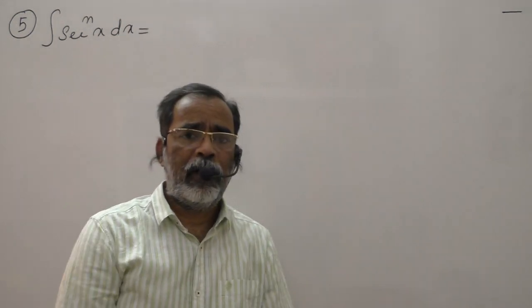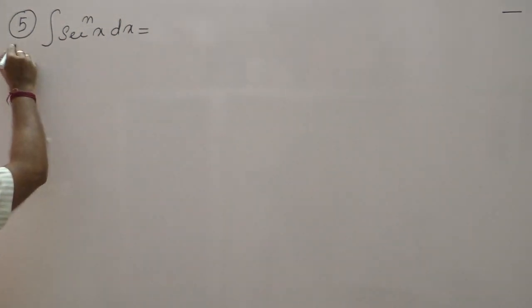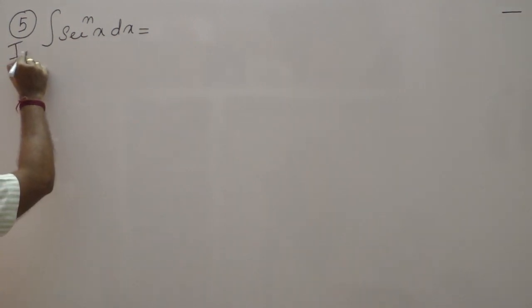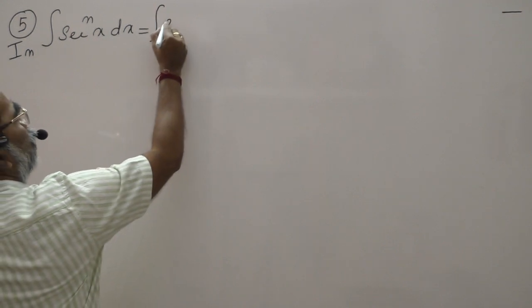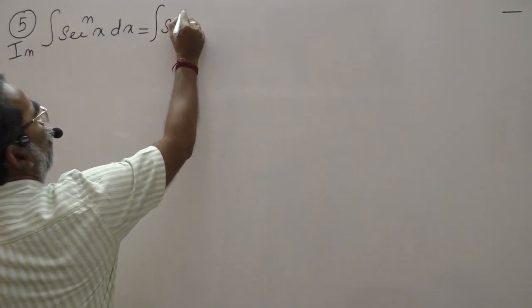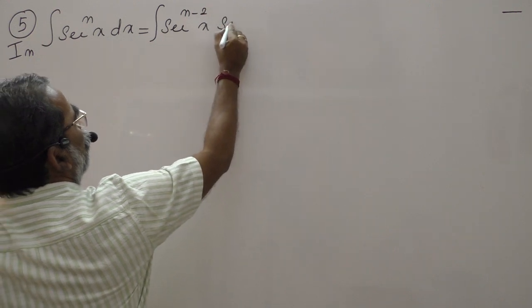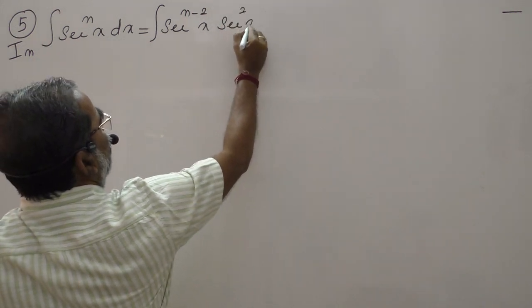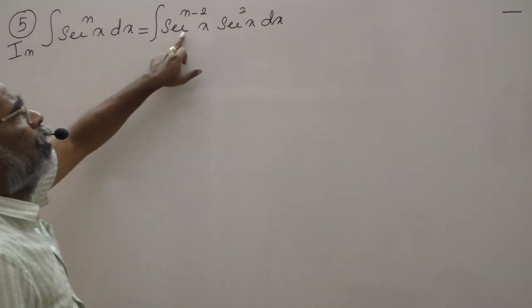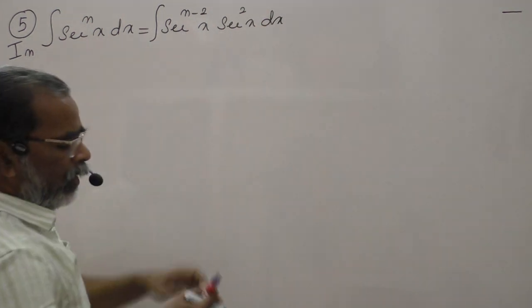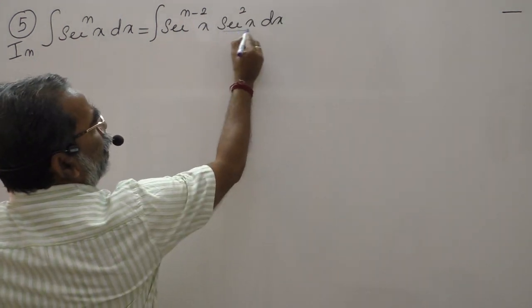Now let us see the reduction of sec power n. I shall denote this by I n. Let us start this. I will write this as sec power n minus 2 x into secant square x dx. This is not having an integral directly, but secant square has an integral directly.